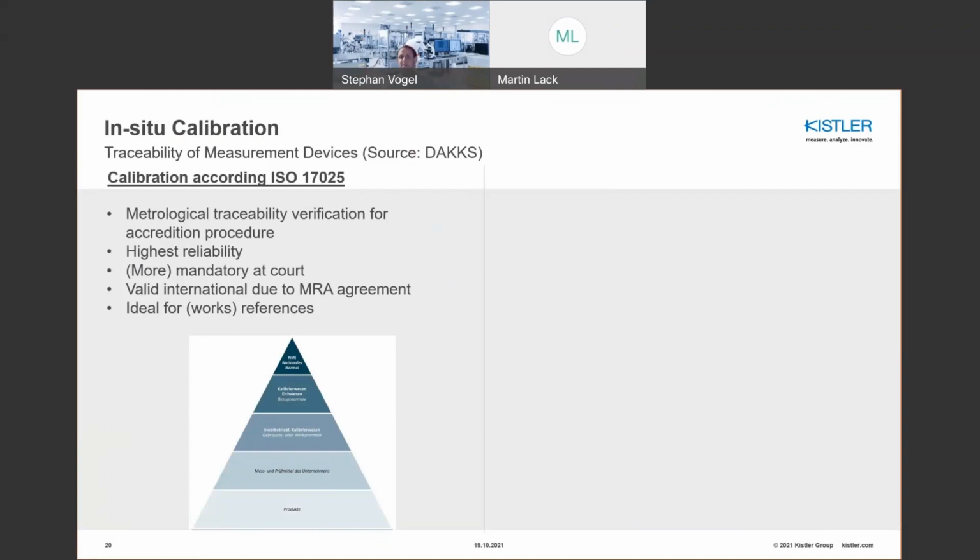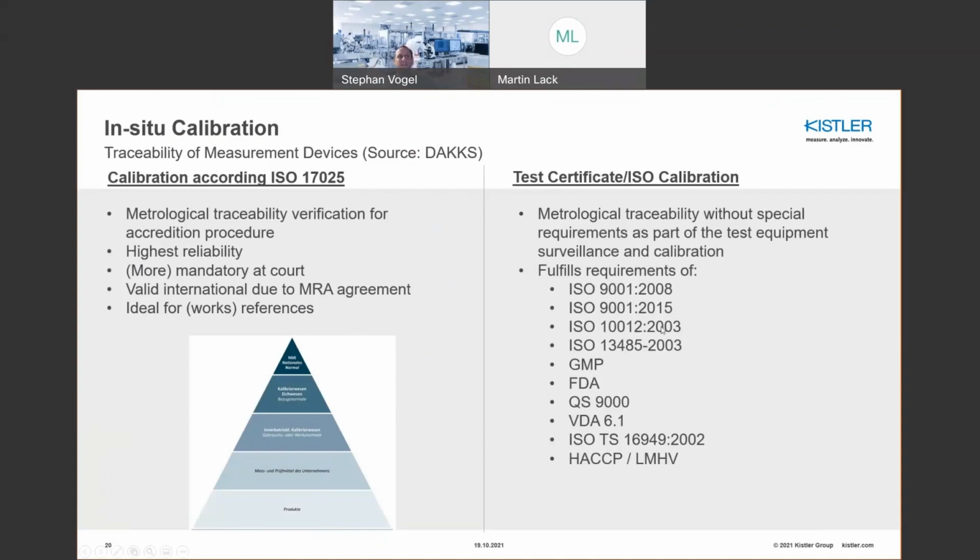And this is, of course, ideal if you have reference sensors that you use to calibrate your working standards, your sensors in the line. On the other hand, there are so-called test certificates or ISO calibrations. So you can have metrological traceability without special requirements on the test equipment.